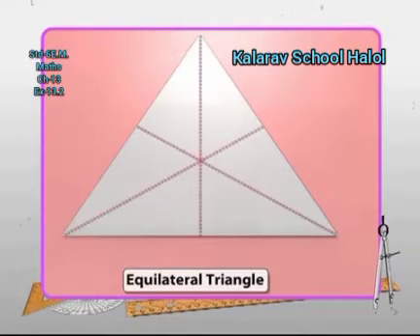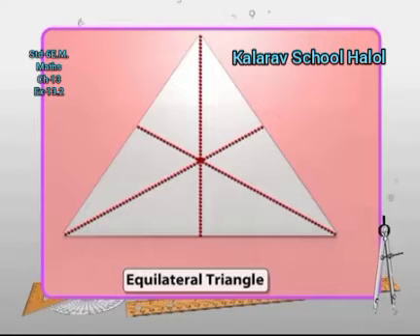Here we can see that the two halves of the equilateral triangle coincide along the three lines. Thus, an equilateral triangle has three lines of symmetry.